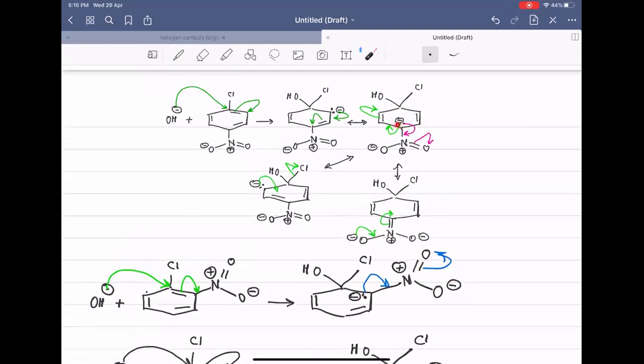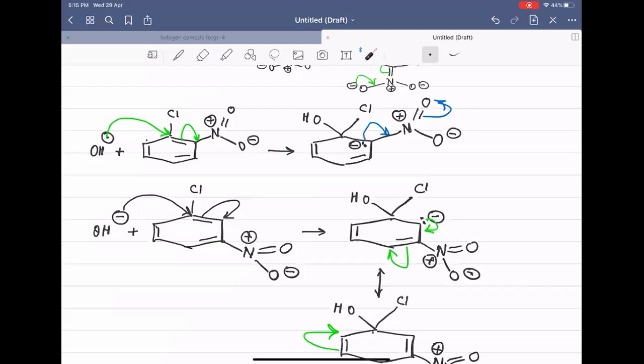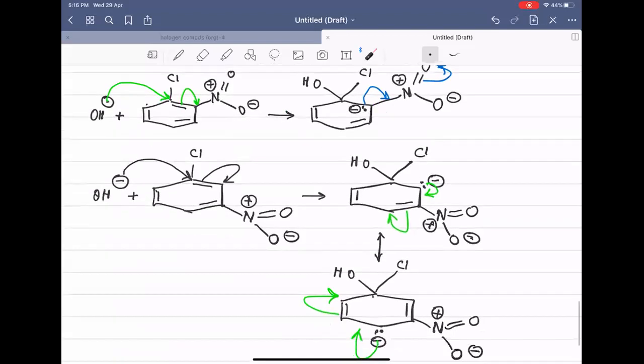Here, the lone pair also gets settled in para position, so a para nitro can also take it out. However, a meta nitro cannot take it out because in none of the structures is the lone pair settled in meta position. And that is the reason why a meta nitro cannot decrease the electron density of the ring to a large extent, and hence it does not affect the reactivity. I hope you have understood this.